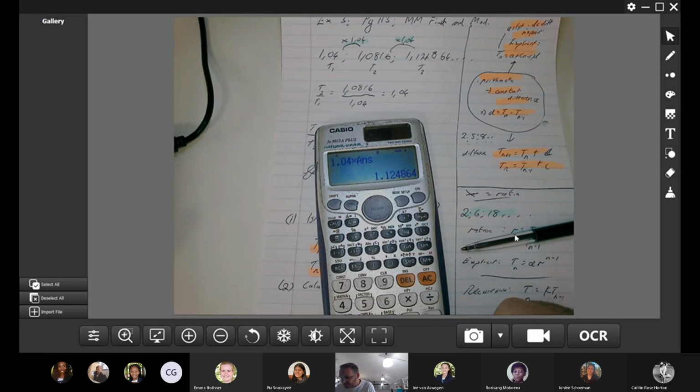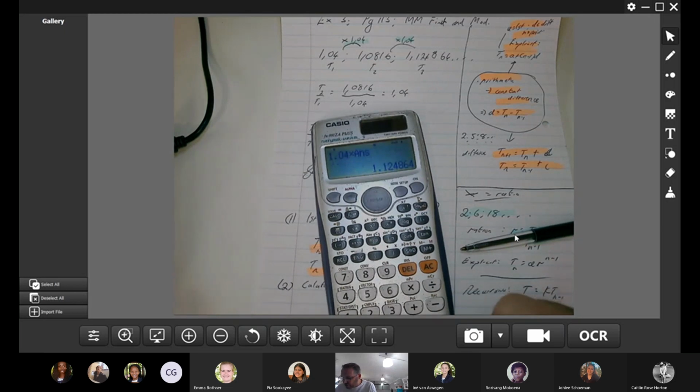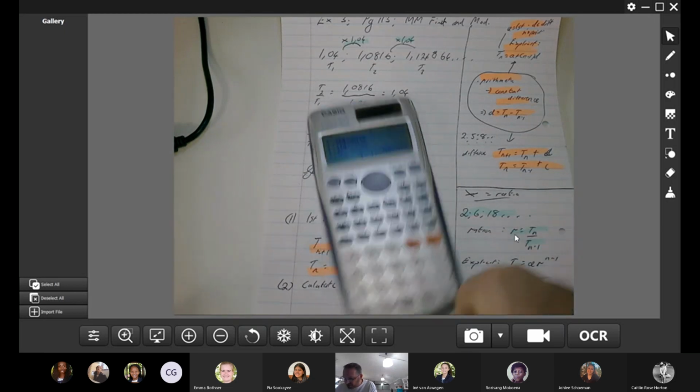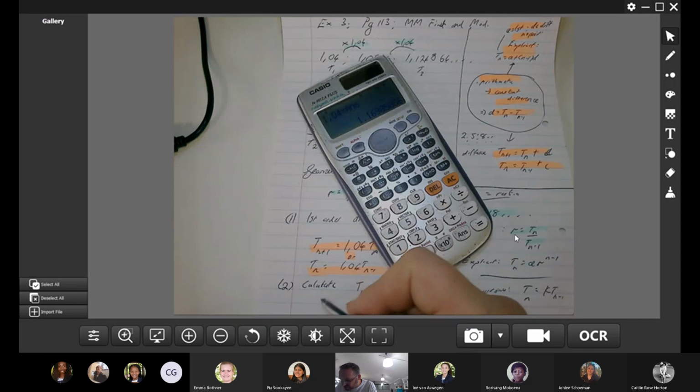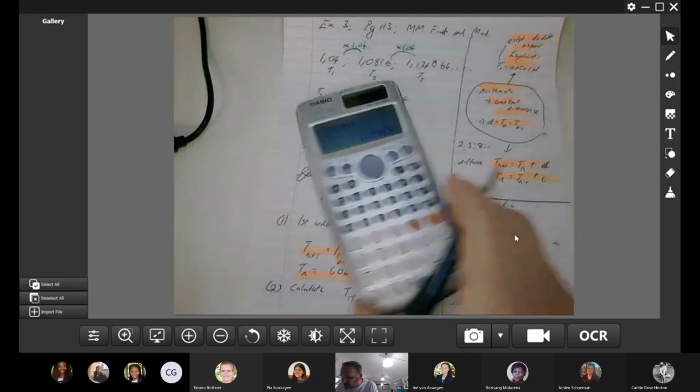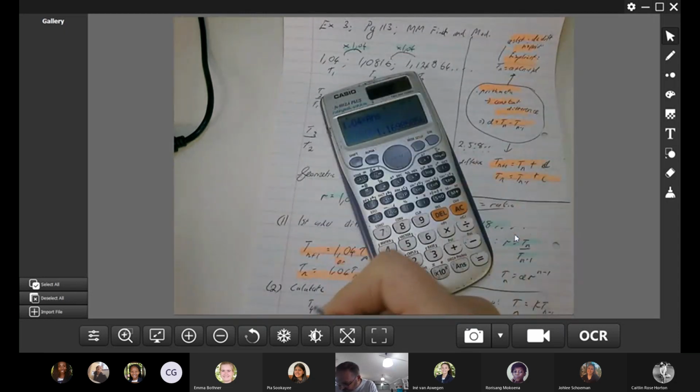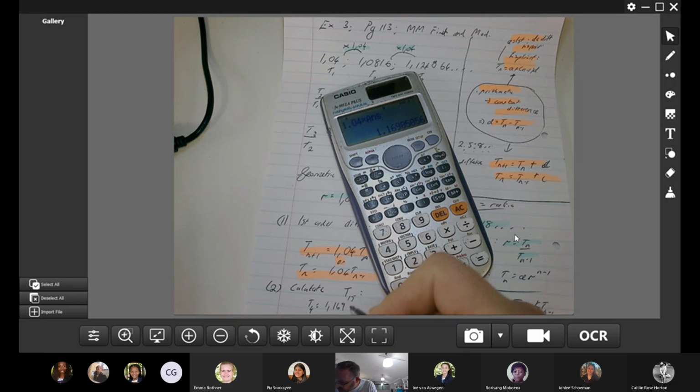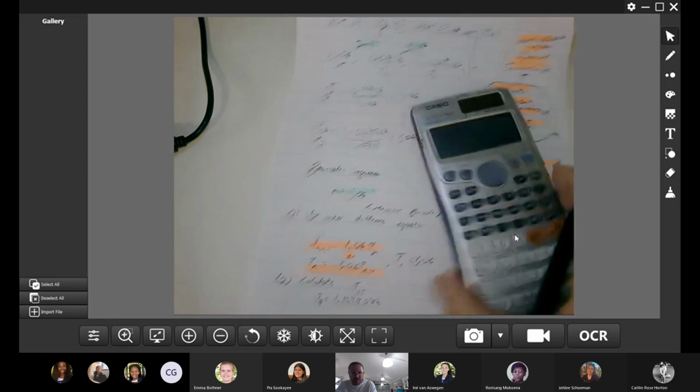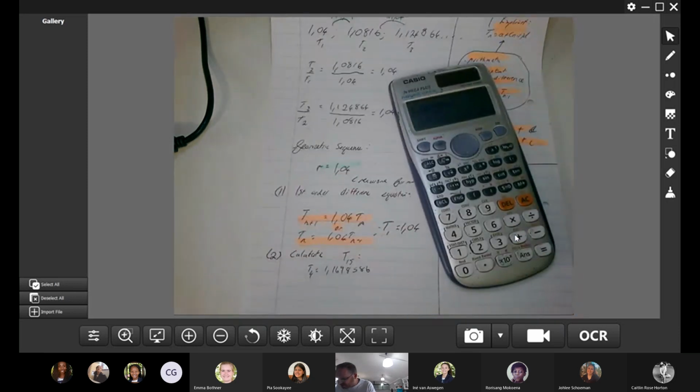And now I've simply got to count correctly. My suggestion to you is you write down the first one that's not given to you, just to show the marker that you're on the right track. So I would write term 4 is equal to 1,1698586, because it's very easy to lose count.